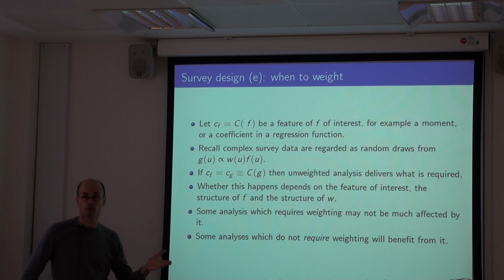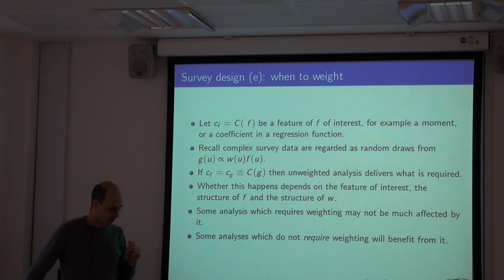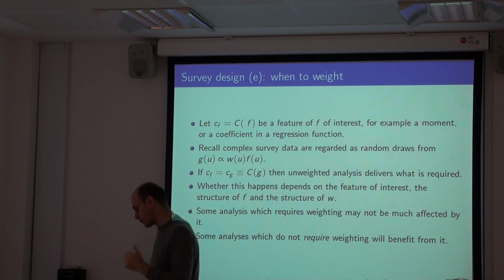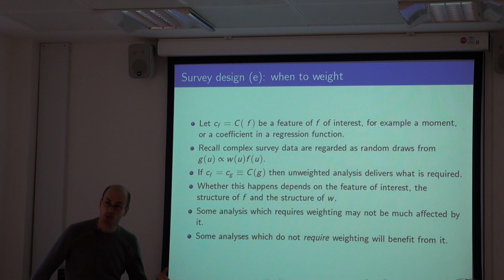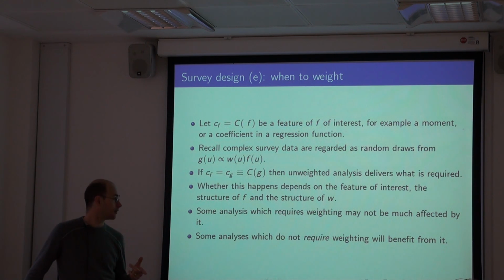You get the same answer whether you weight or whether you don't weight. That happens. It also may, as I said on the previous slide, if you want to estimate a conditional mean, for example, and you don't need to weight to get a consistent estimate, using the sampling weights can improve the efficiency of your estimate.